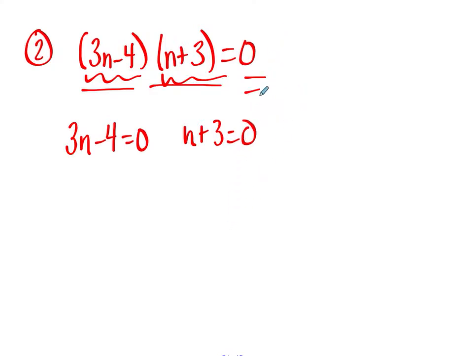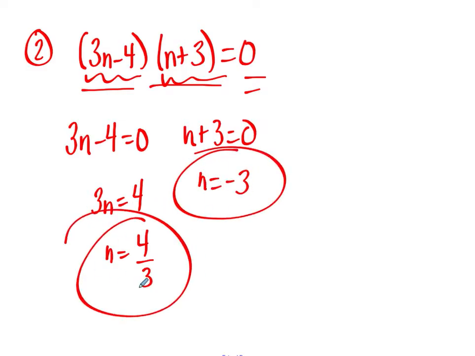So you get 3n equals 4, so n equals 4/3, and n equals -3. That's your answer and that's your answer. 2 answers. All you do is set it to 0 and work it out.